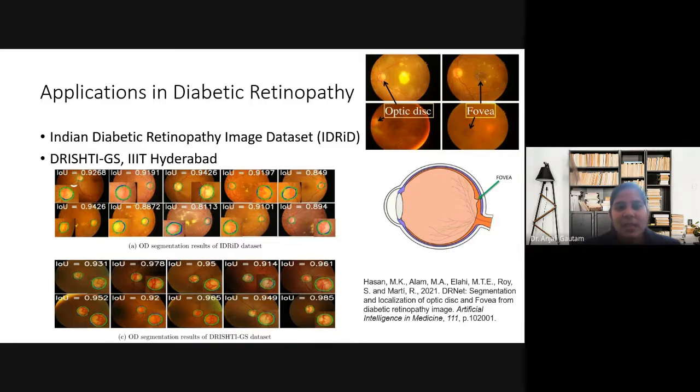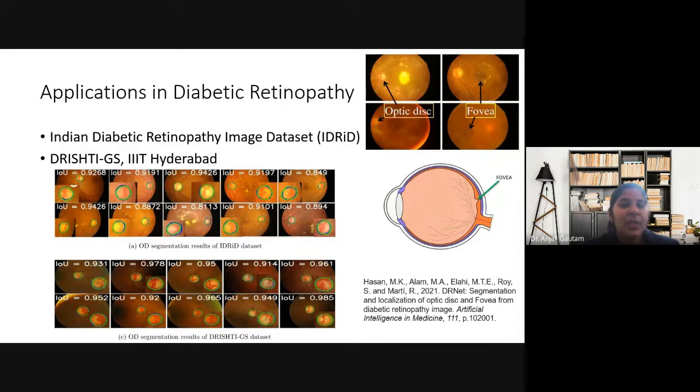In this area, one application is that you can find the optical disc. The arrow on the top shows the optical disc, and if you want to find it, you can. This is the data set. And if you want to find the fovea, on the right-hand side you can see this is the fovea.